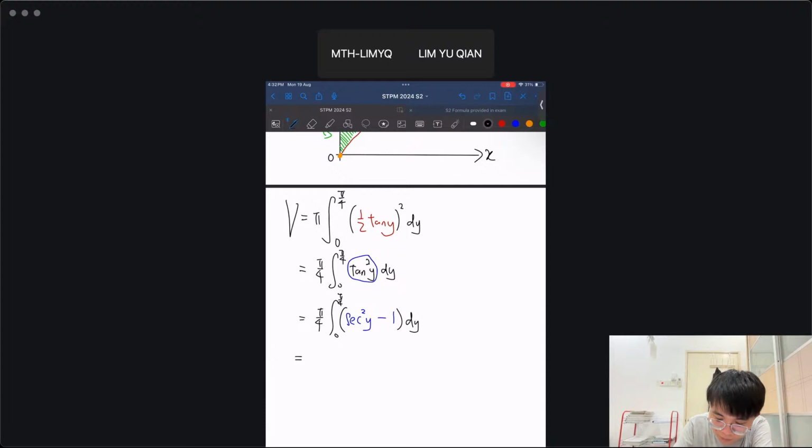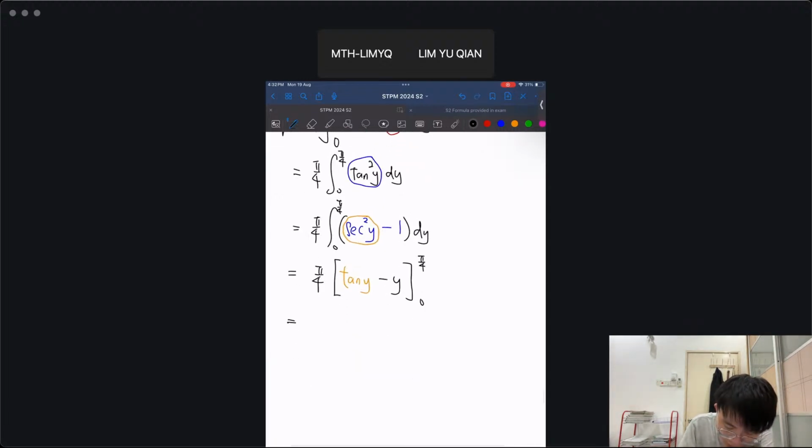That's equal to secant squared integration. Go back to tangent, because the differentiation of tangent is secant squared. Or 1, no problem, minus y only. Okay, that is from 0 to pi over 4, multiplied by pi over 4.